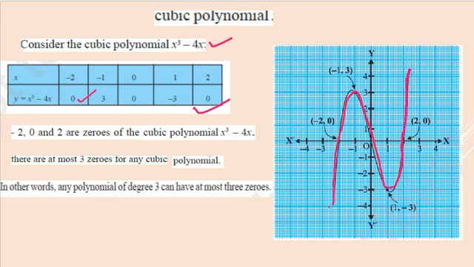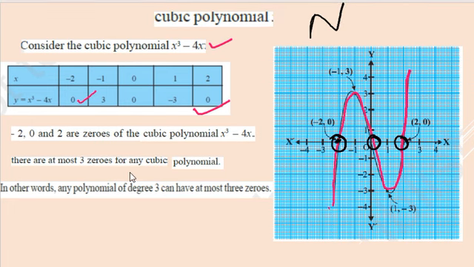You can see here this point is touching this one, and this also. After plotting the points, you join them and get this shape. It is n type.